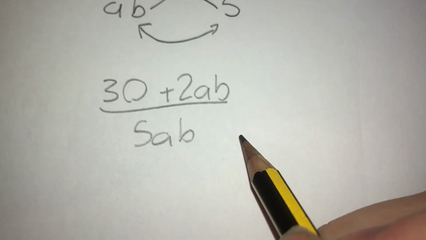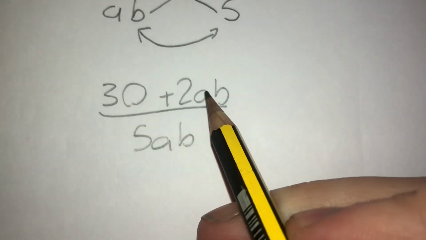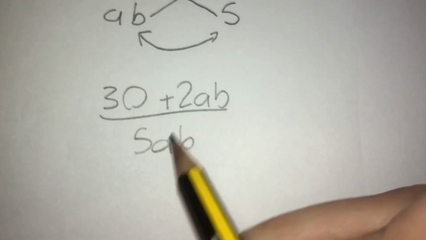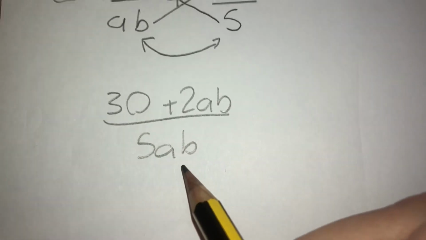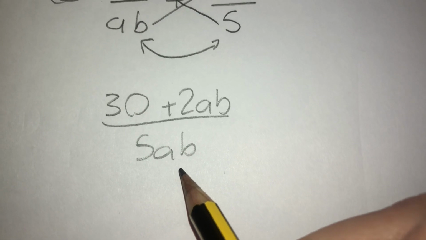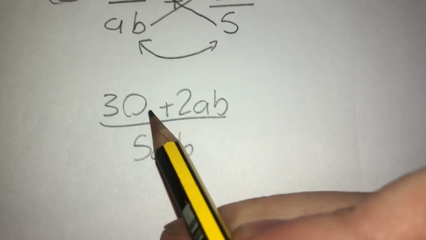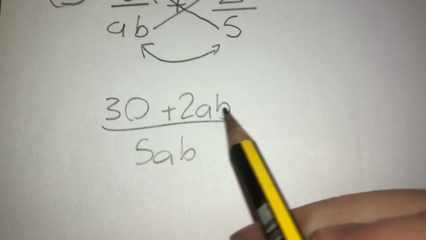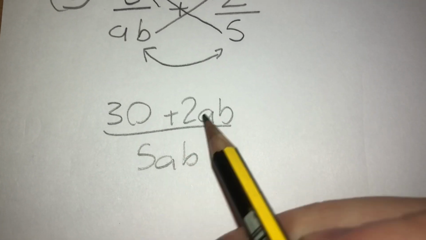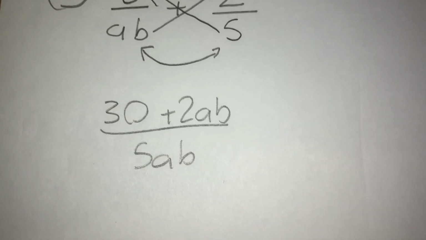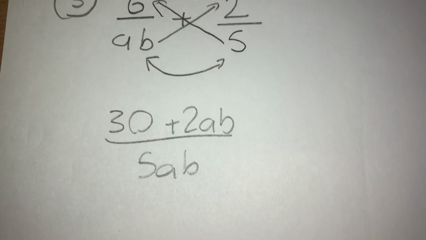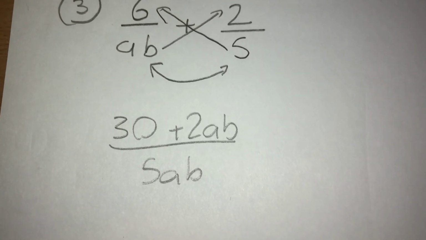And with that, there's nothing really more we can do, because if we look at the number coefficient of each term, 32 and 5, there's nothing we can divide all 3 of those numbers by. We can't divide through by any of the letters, because even though there's an a and a b in each of these 2 terms, there's no ab here. So that is that fraction in its simplest form, and we can just leave that as such.